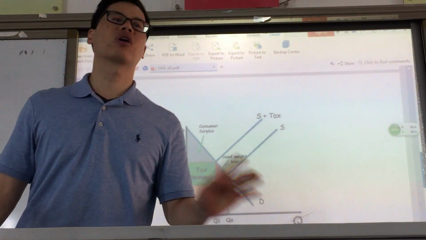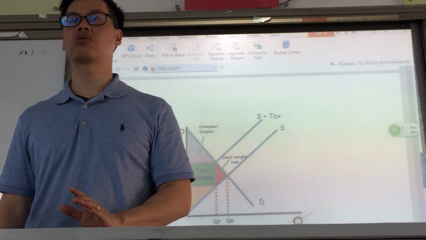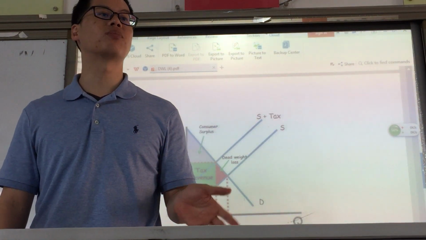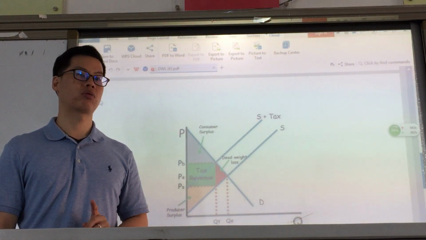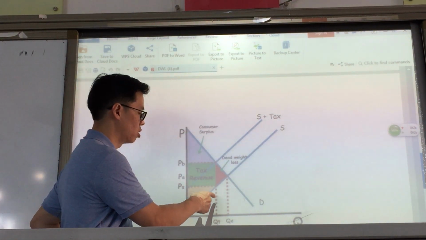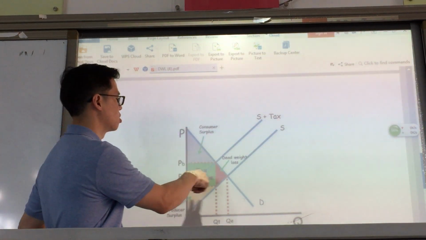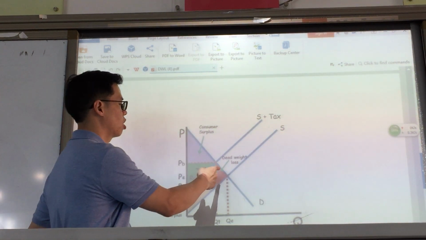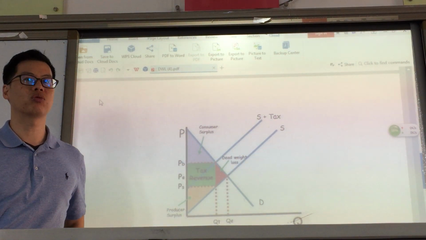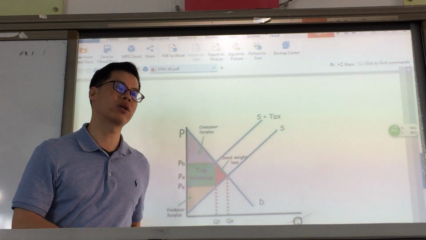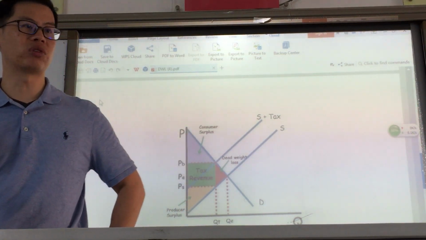So once you have the per unit tax, all you have to find is the amount of sales, the amount of consumption by the consumers, and then you can find the tax revenue. So here's a way you can find this tax revenue box. Just take the vertical distance between the two curves and multiply it by the new tax output.